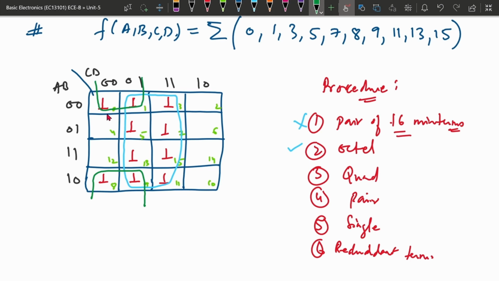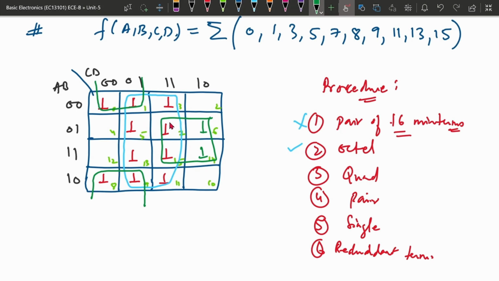And if it is possible to make a quad by using already considered minterms, then we will proceed to make the quad. But we cannot make the quad inside the octet using only its own minterms. If one more extra 1 were there, then we would make this a quad, but we cannot make the quad here.